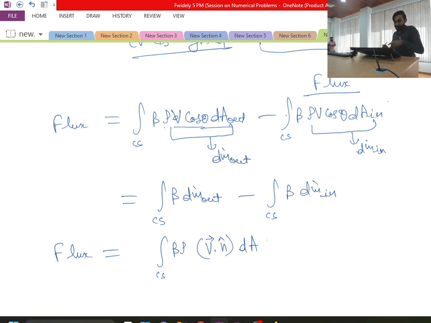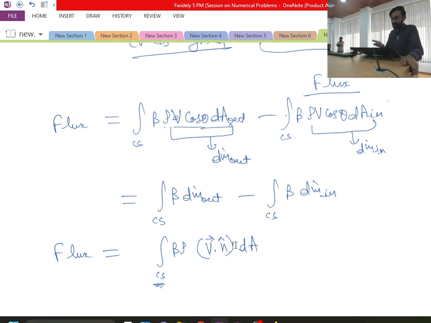So it means that if I write this flux term using an integral over the entire control surface and simply use v dot n cap, then depending upon the portion of the control surface, it will account for both inflow as well as outflow terms, because this is a vector term. Is this point clear? This vector term will be positive for outflow and negative for inflow.